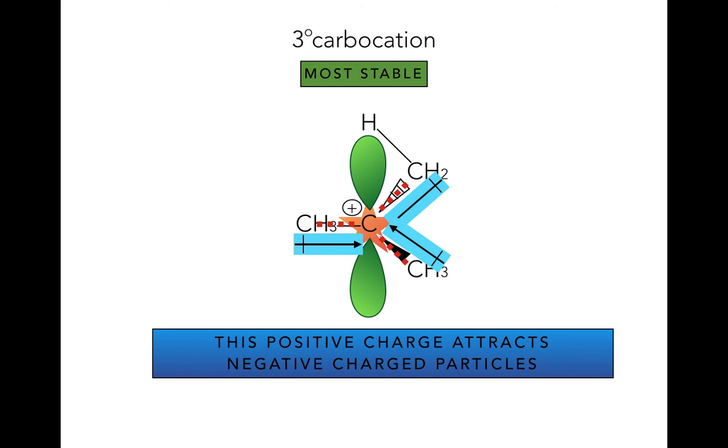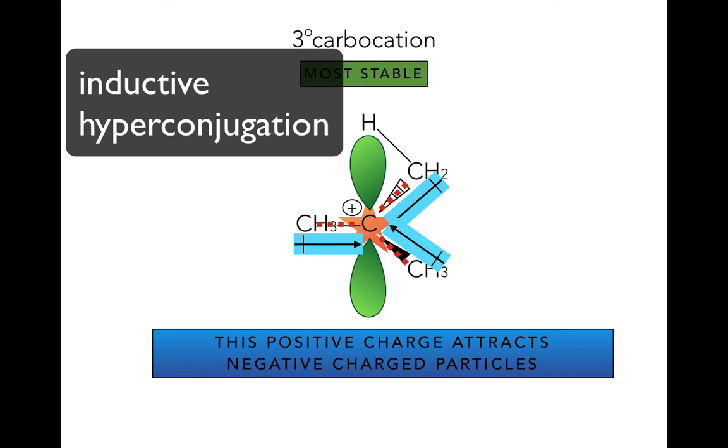Those sigma bonds, those electrons, are actually helping stabilize my middle carbon as well. So all of those sigma bonds from carbon to hydrogen end up sharing some of their negative charge with my middle carbon. The more methyl groups I have surrounding my positive charge, the more stability I have because of the inductive effect and hyperconjugation. It's kind of like a neighbor sharing all of its sugar.